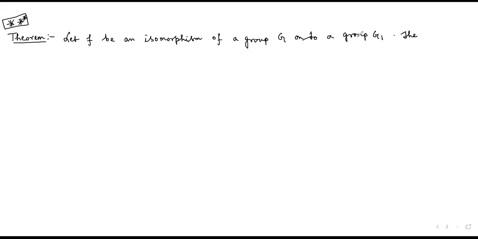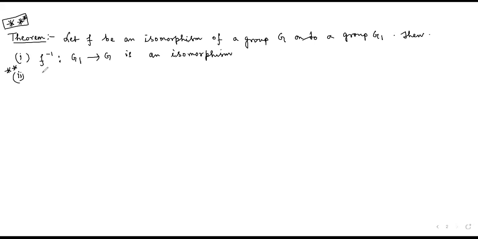Then number 1, f inverse, the inverse function which we denote by f inverse from G1 to G, is an isomorphism. If you can find a function which is an isomorphism, its inverse function is also an isomorphism. The second one is very important.